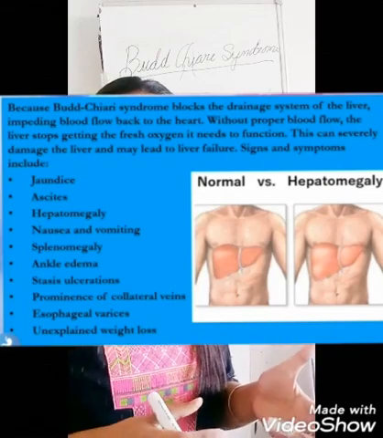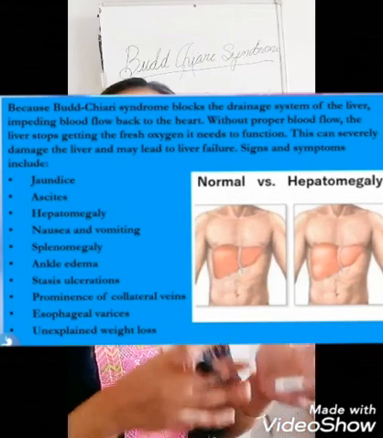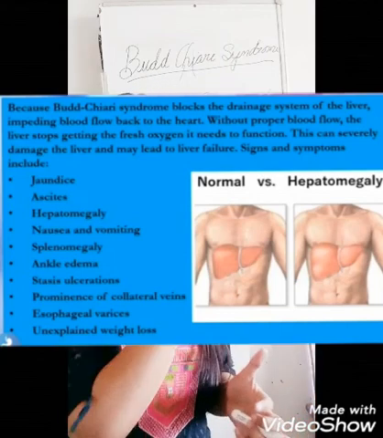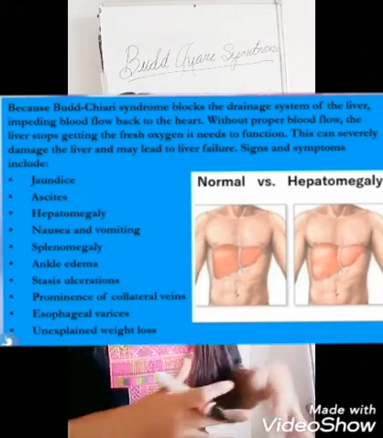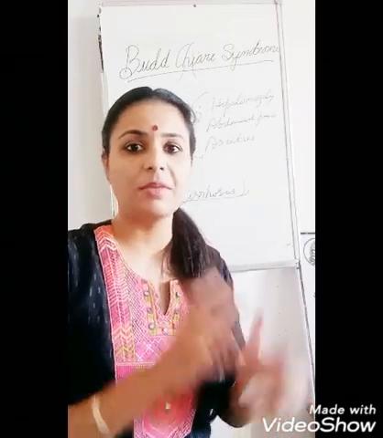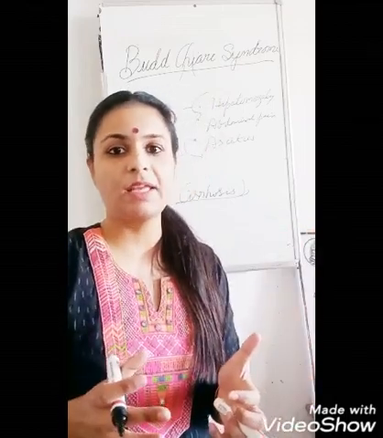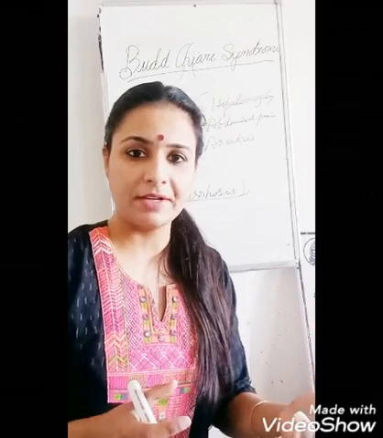Other accompanying features are hematemesis, that is blood in the vomit. Then there is splenomegaly because of the back pressure of the venous blood. Then there is jaundice because of the elevated bilirubin and the pressure in the liver. Besides jaundice, hepatomegaly and ascites, dilated collateral vessels can be seen in the abdomen and are easily visualized.